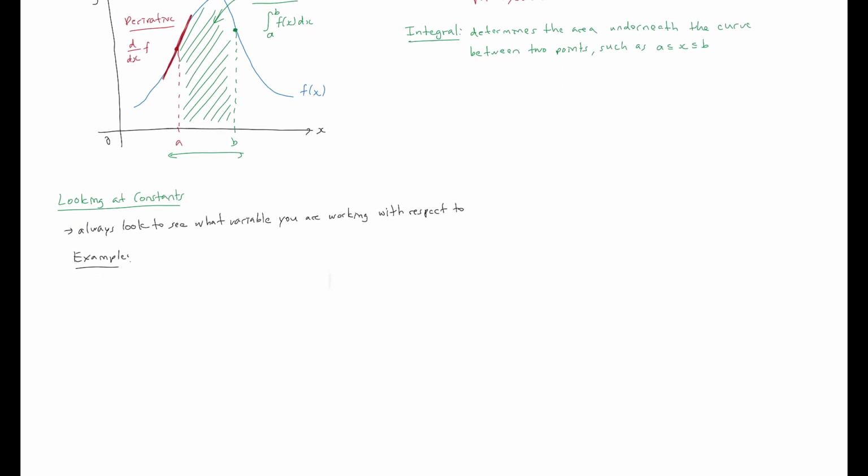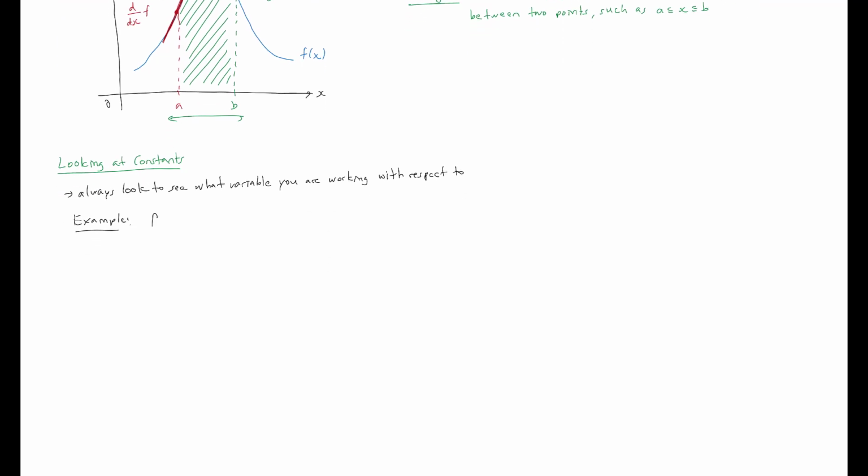So our example is going to be the integral from a to b of 1 over r dr. That means I want to figure out the area underneath the curve of 1 over r from a to b. And we know that the derivative of ln of r is 1 over r, so we know that the integral is ln of r.